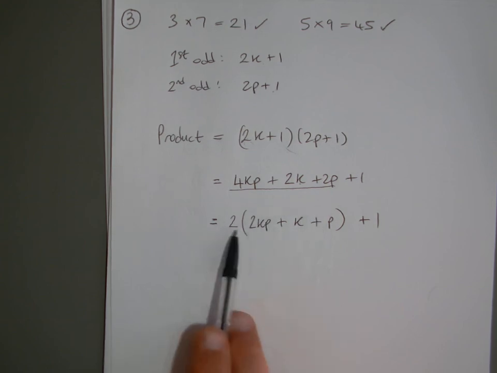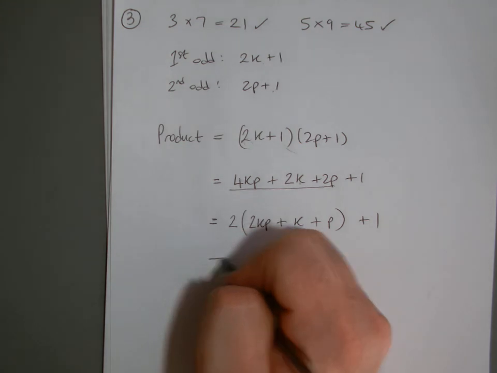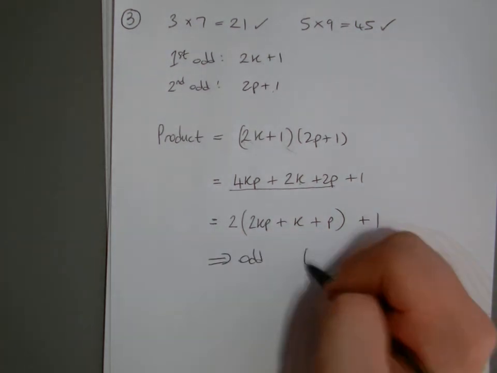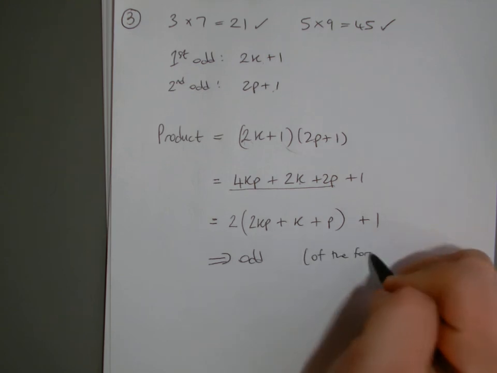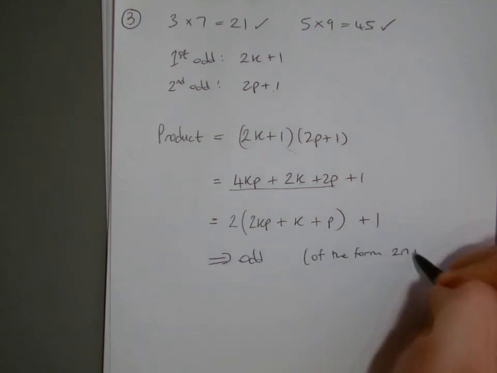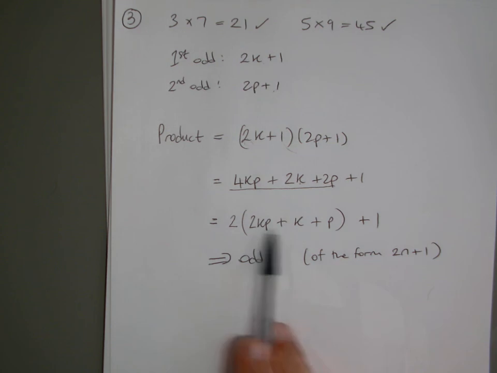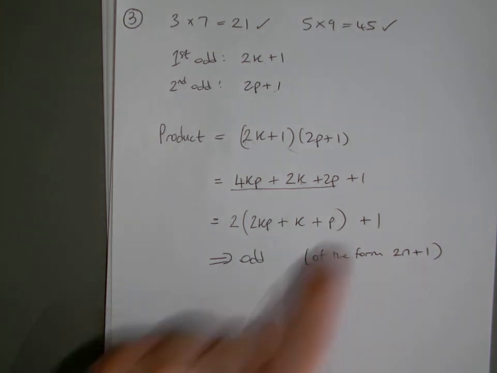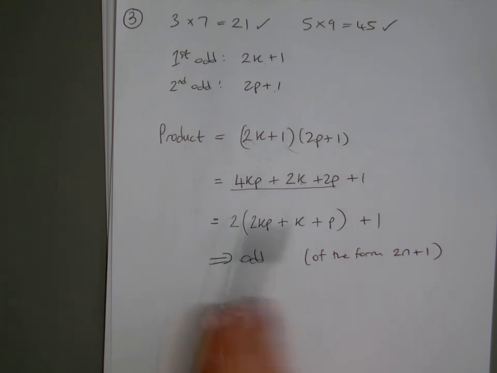Well, you've got it times 2 and you're adding 1, so that means it's odd. Straight away it's odd because it's of the form 2n plus 1. n is just that there, for whatever number that comes to, but it's of that form where we're adding 1 on to this here.